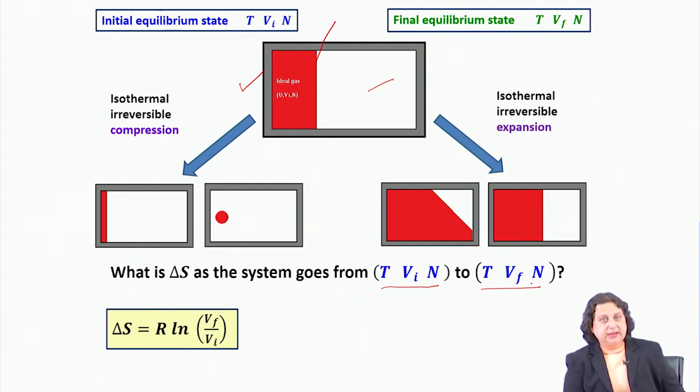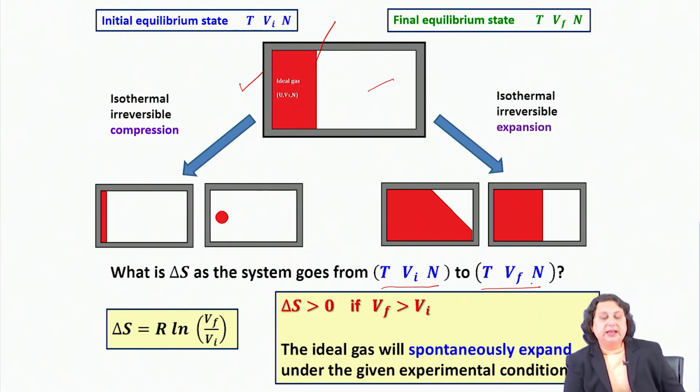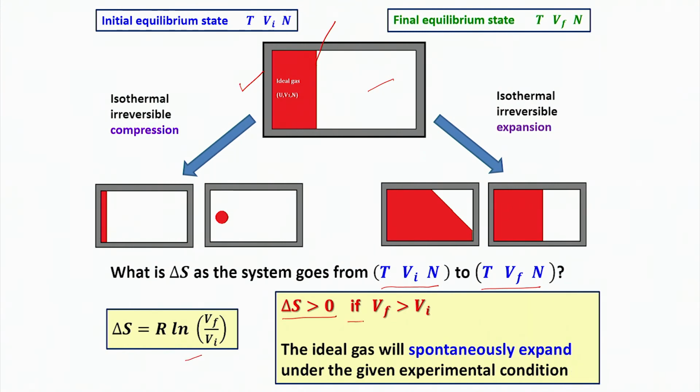We have seen that delta S for 1 mole of the ideal gas here will be R ln V final by V initial. Now, I understand that delta S from this expression would be greater than 0 if and only if V final is greater than V initial.